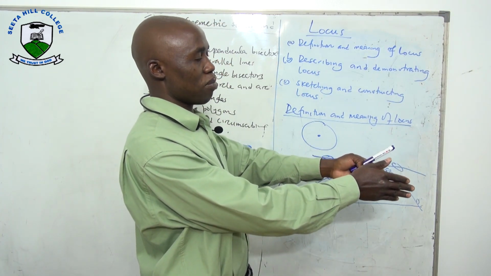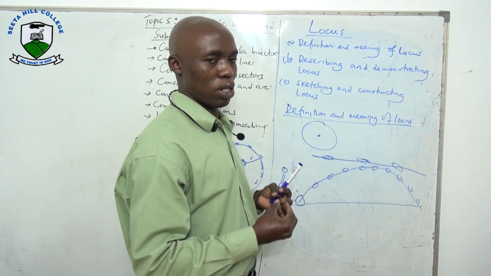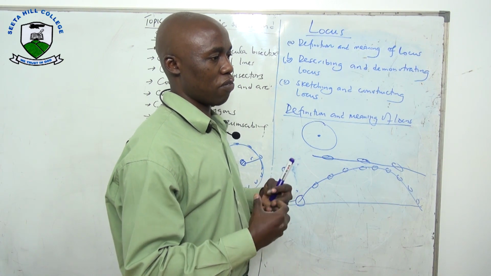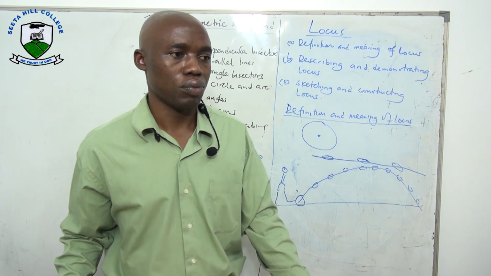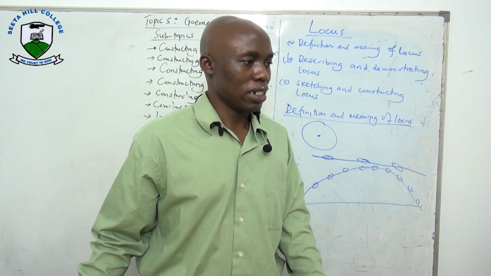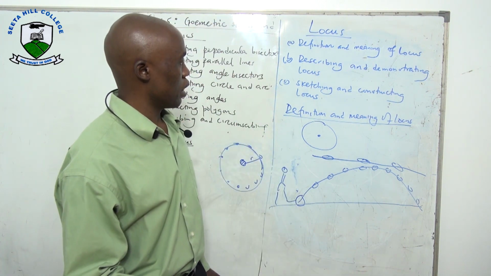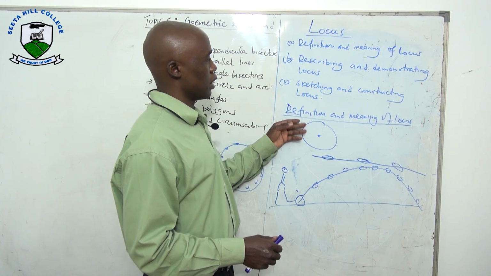Line. That means you will define the locus as a set of points that represent the movement of an object following a certain rule. Yeah, that's the meaning of a locus.